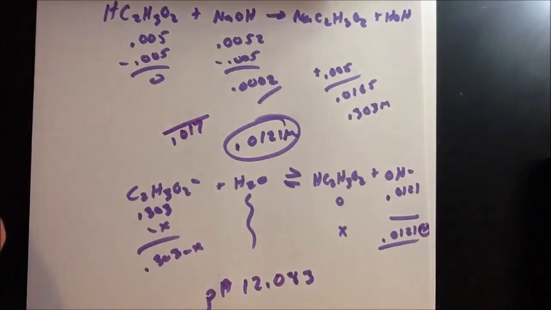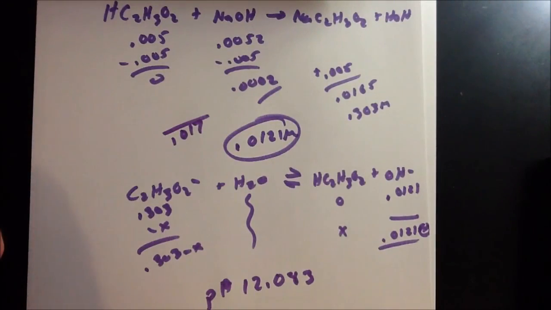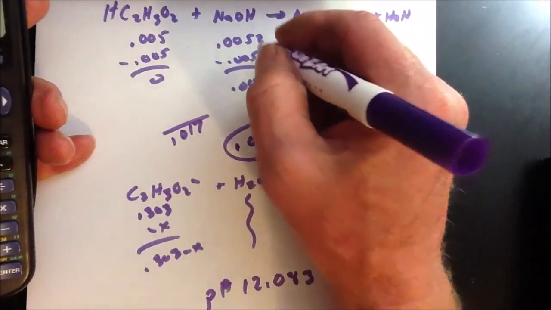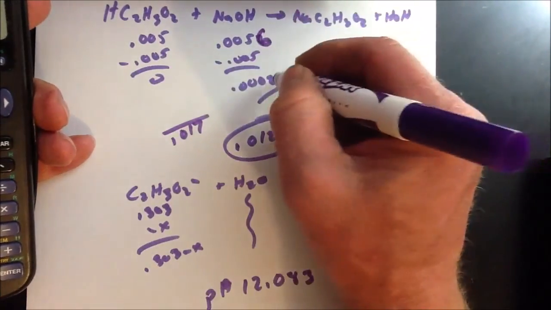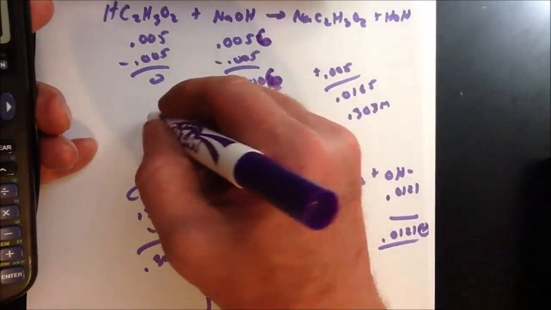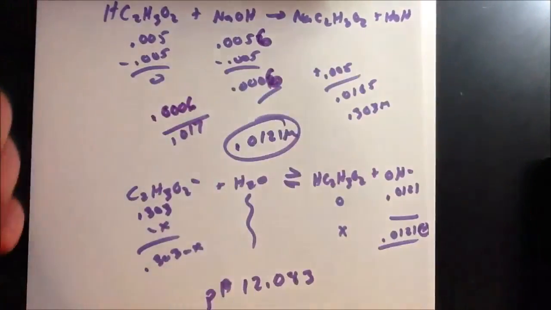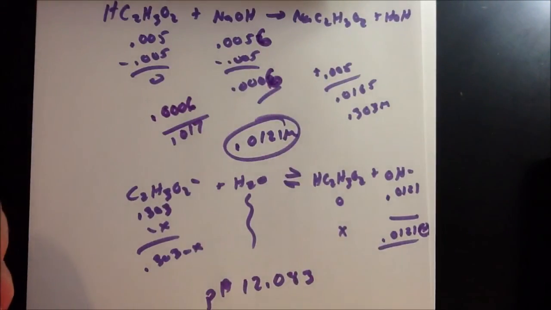And when we do 7.007 liters times 0.8 molar, 0.0056, it's going to leave us with 0.0006 divided by 0.017. And negative log that value. That value happens to be 0.035 molar.